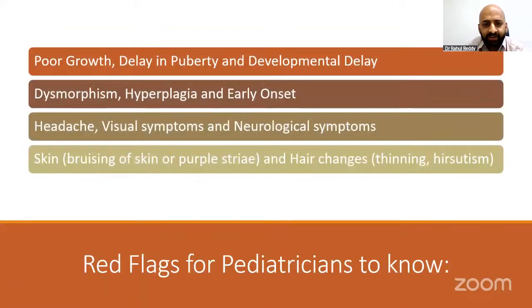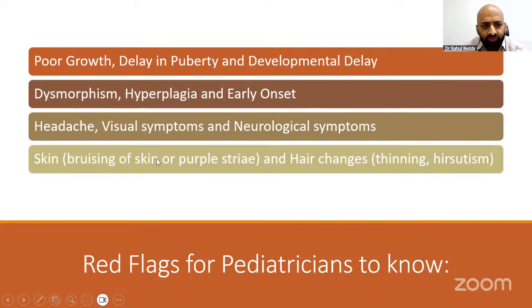The red flags which pediatricians should know are mainly poor growth, delay in puberty, and developmental delay needs workup for organic causes. Again, dysmorphism, hyperphagia, early onset appearance, which again points towards Prader-Willi syndrome. If there's headache, visual symptoms, neurological symptoms, it could be hypothalamic causes, CNS causes. So it needs to be worked up again and carefully looked at.